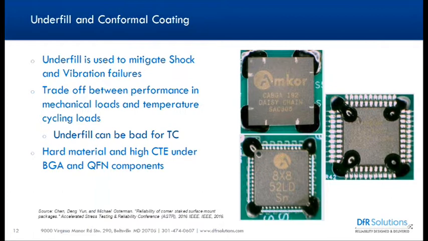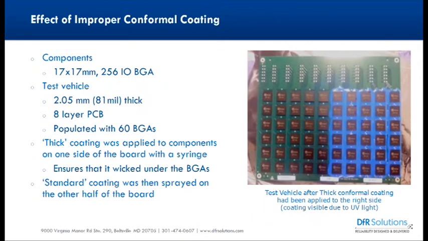You're basically letting a hard material get underneath your BGA or your QFN. And as that hard material with a high CTE expands, it's expanding against the solder joint. And if it expands more than what the solder joint wants to expand, then it's taking the solder joint along for the ride. So I'll say this many times: good underfill is good, bad underfill is bad, and conformal coat is not underfill.